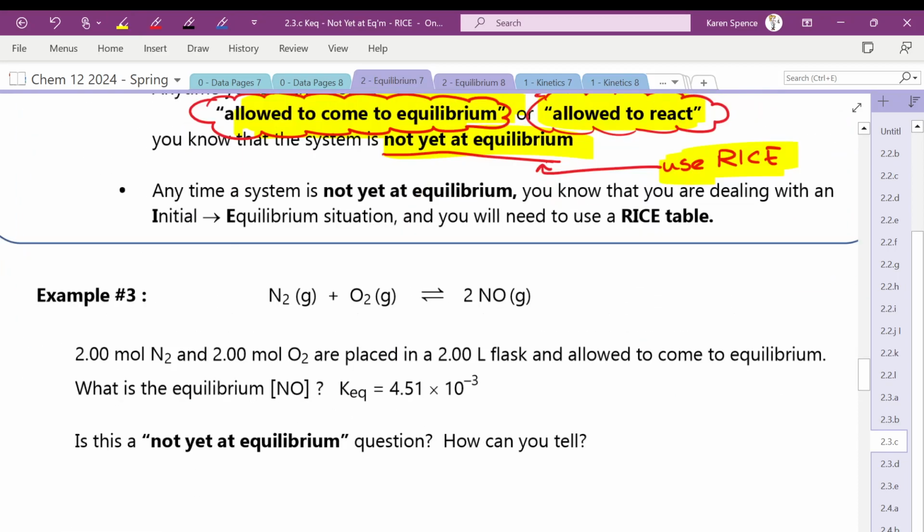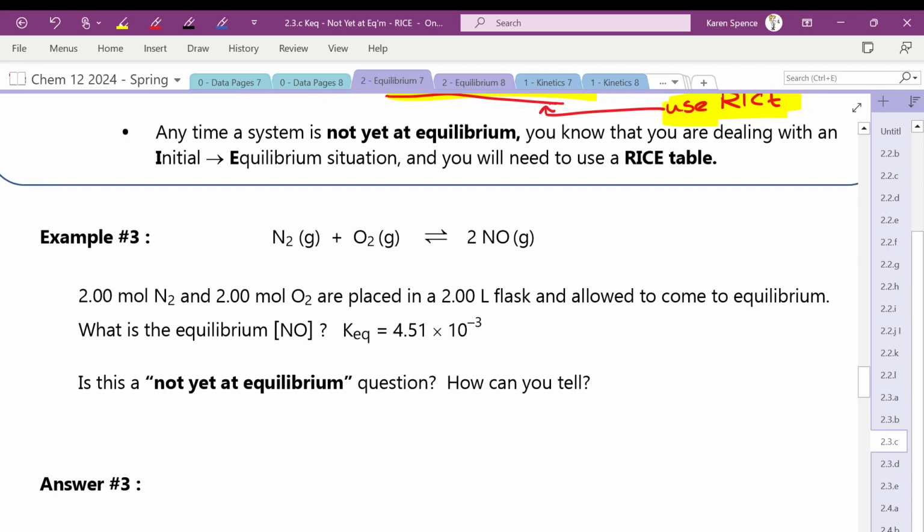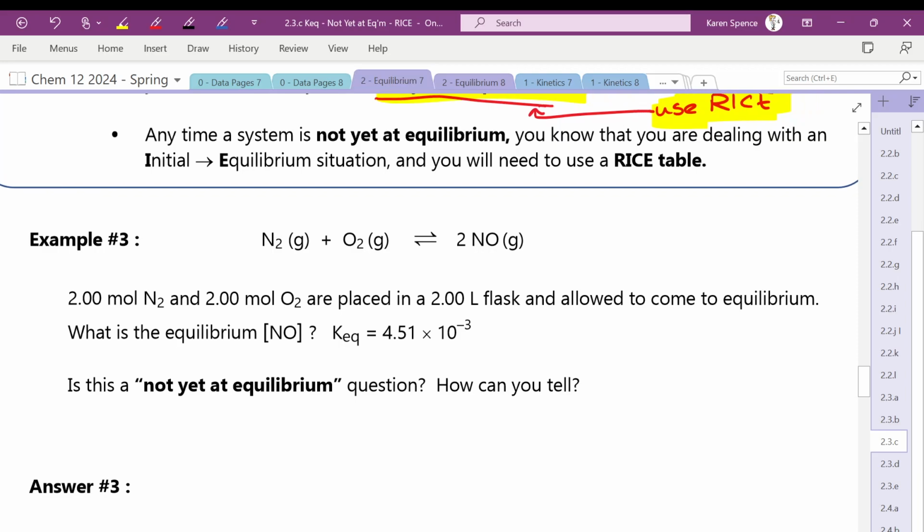Okay, example 3. Look at this. Let's take a look and see, is this a not yet at equilibrium question, and how can you tell? I'm going to let you read it and see if you can figure it out.